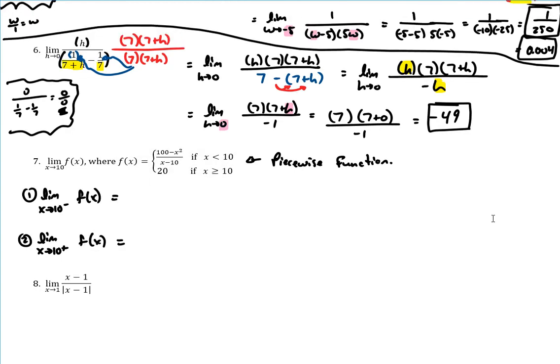So for instance, on the one for the left, let's do it in blue. This portion really, let me kind of bold that out. This is saying when x is less than 10. This is also saying when x is slightly less than 10. So it's from the left of 10.